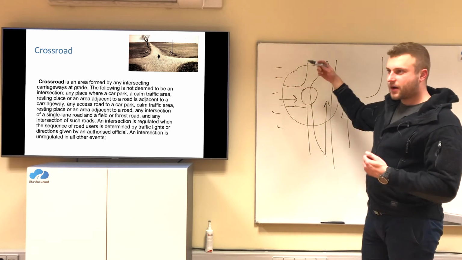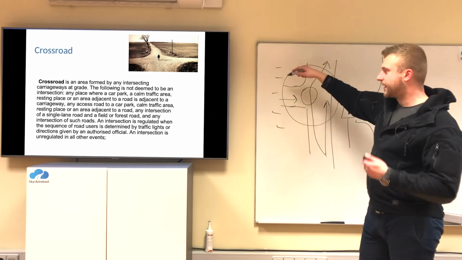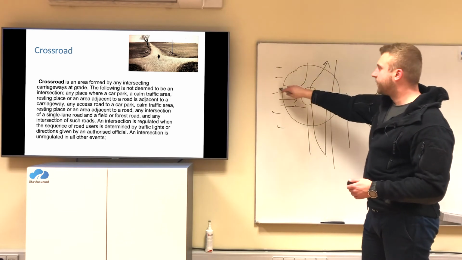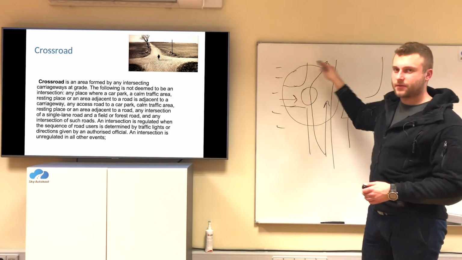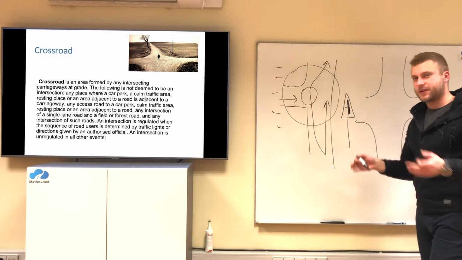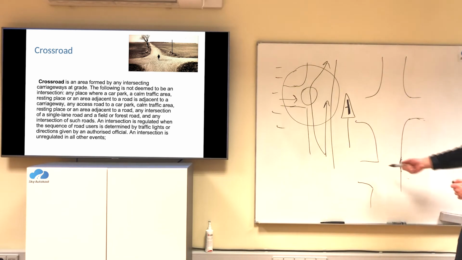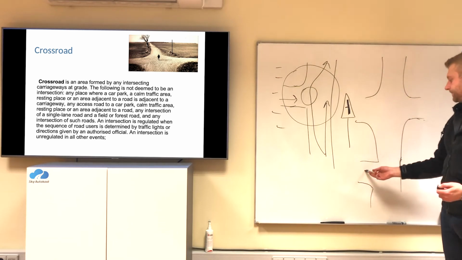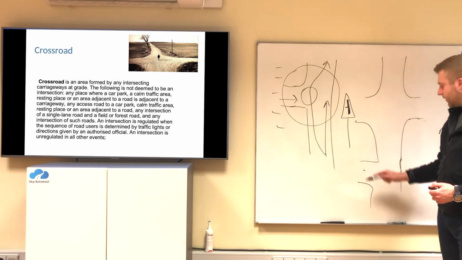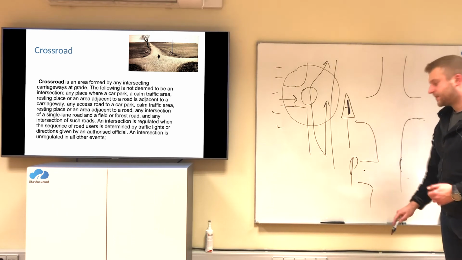Things like car parks, common traffic areas, gas stations do not form a crossroad. They just form an intersection, basically. So, for example, this is a gas station or parking area. Let's say it's parking, okay?